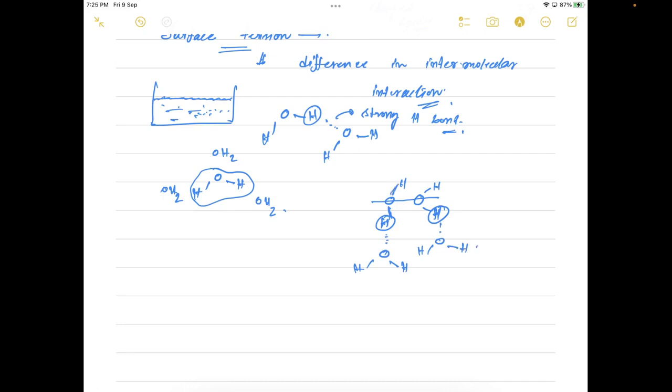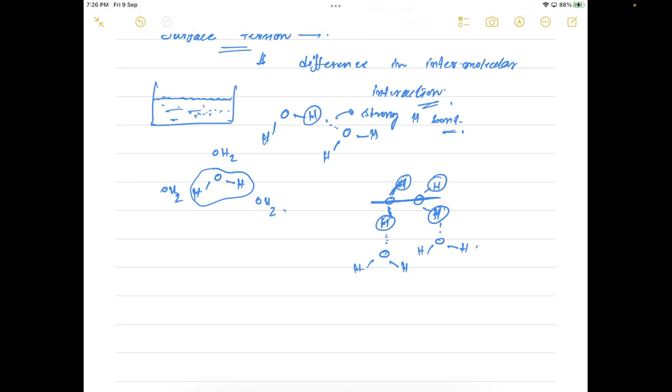But this OH bond, or this hydrogen atom, cannot form a hydrogen bond with water molecules, right? Because this is the surface and this OH bond is above the surface, so it cannot find any other water molecule surrounding it. That's why it cannot form hydrogen bonds with other water molecules.